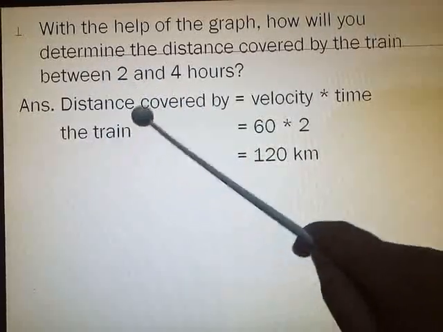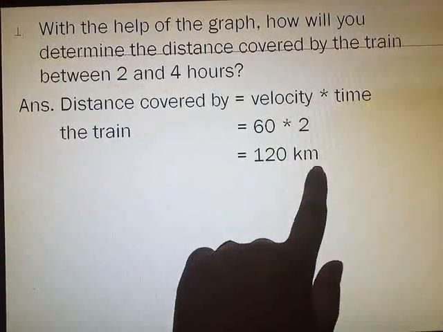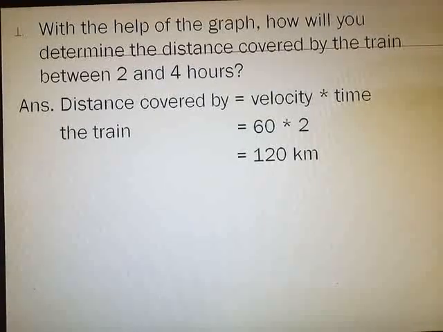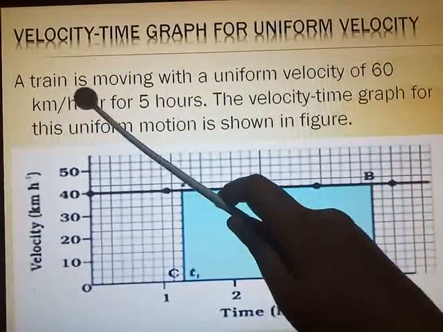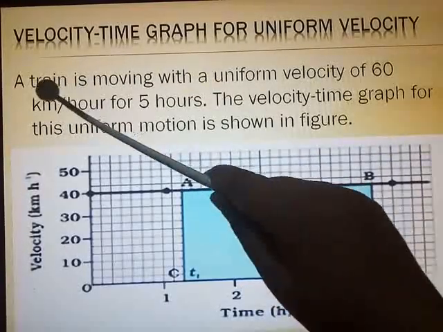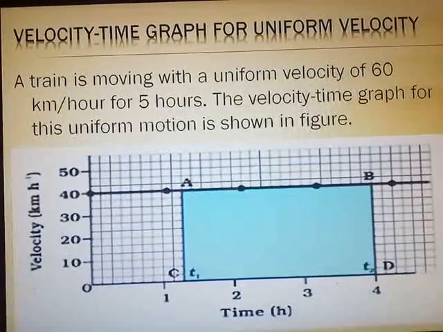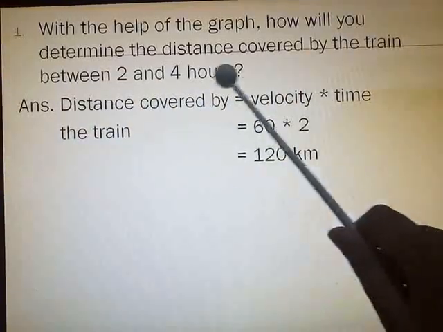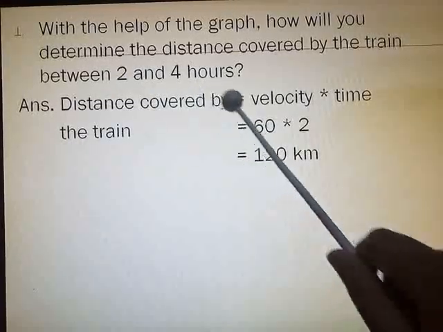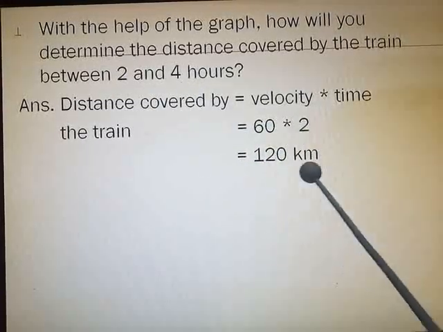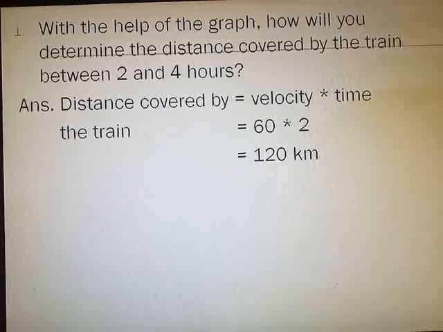Now it is the distance, so it will be in kilometers, because the velocity is in kilometers per hour. So apply logic: distance is velocity multiplied by time. Velocity is 60, time is 2 hours, so 60 multiplied by 2 is 120 kilometers.